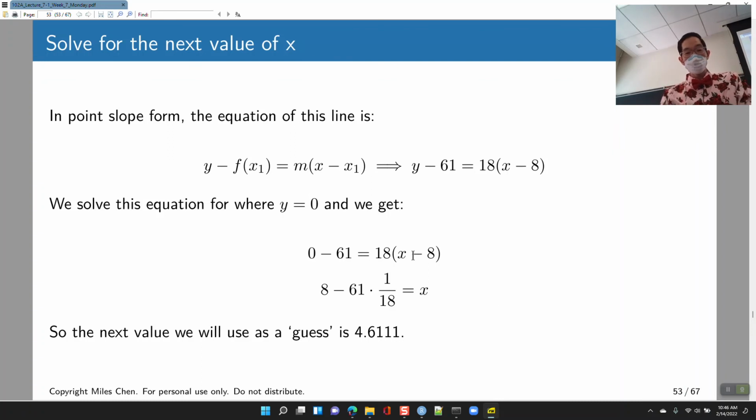And so the next value is going to be your second starting location, x1, minus the value at f of x1 times 1 over the slope. And so the next value we get is 4.611.